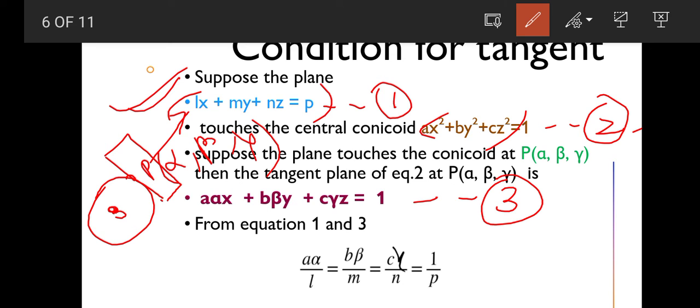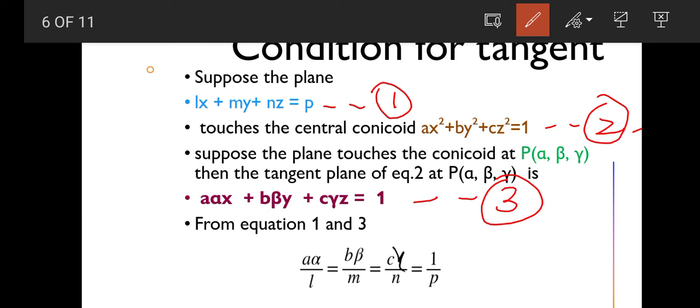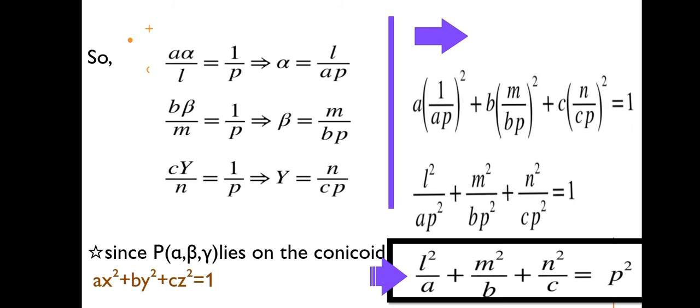As we have earlier studied, we found the equation of the tangent plane as a alpha x plus b beta y plus c gamma z is equal to 1. Now from equations 1 and 3, from the equation of the normal plane and from the equation of the conicoid, we get a alpha upon l, b beta upon m and c gamma upon n is equal to 1 upon p. This is the condition for tangent.